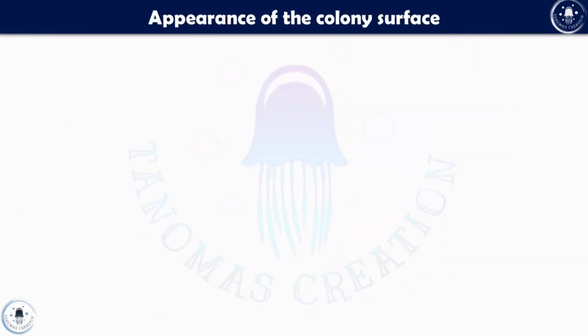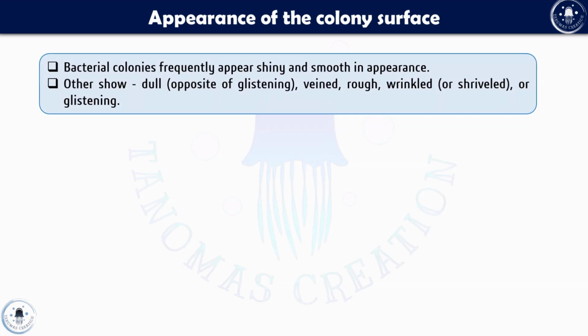Next is the appearance of the colony surface, so how the colony will appear. Now the bacterial colonies frequently appear shiny and smooth from outside. Most of the colonies are shiny and smooth, whereas others show dull, veined, rough, wrinkled, or glistening types of appearance.